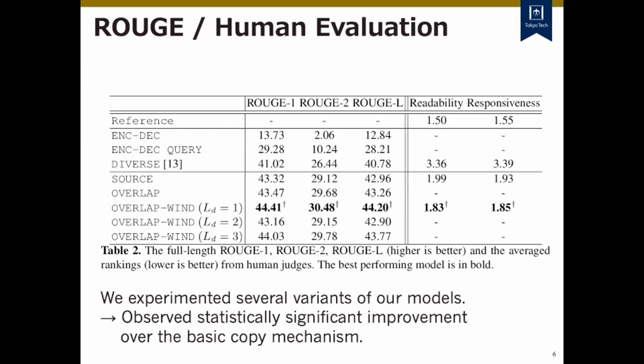We conducted an automatic evaluation by using Rouge scores and also a human evaluation in terms of readability and responsiveness. We compared several variants of neural network-based models with our models, and we observed a statistically significant improvement over the baseline models with copy mechanism.